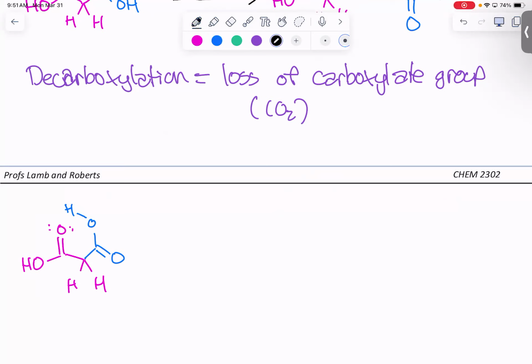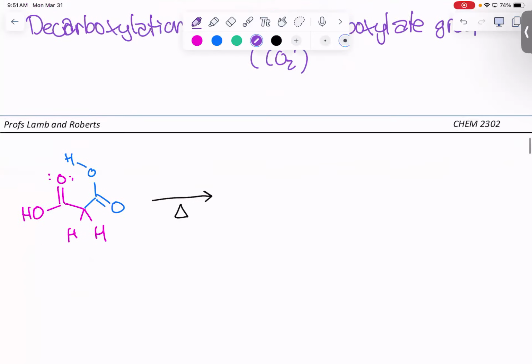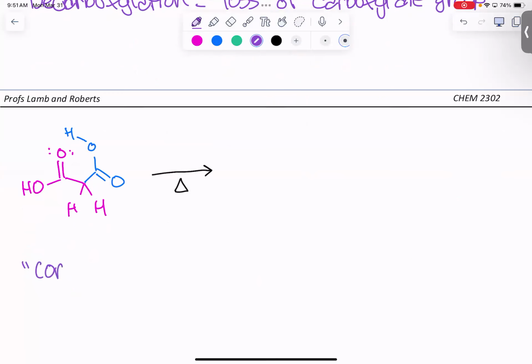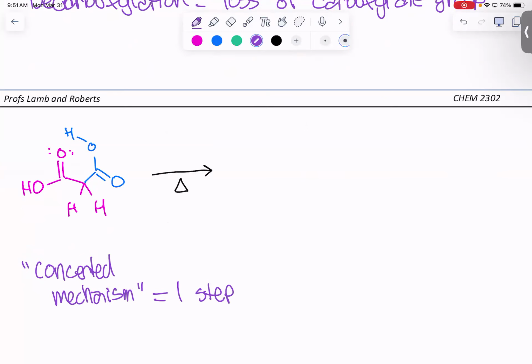So we're priming ourselves for what needs to happen in this reaction. So this is going to be a cascade reaction. It's not an equilibrium because we're going to lose a gas, so it's just a straightforward arrow. And the only thing we do in this reaction is a series of arrows. It's concerted. So concerted means all in one step. Right, multiple arrows, but everything happens at the same time. All right. So what we're going to do is deprotonate our carboxylic acid using a lone pair of electrons from our oxygen.